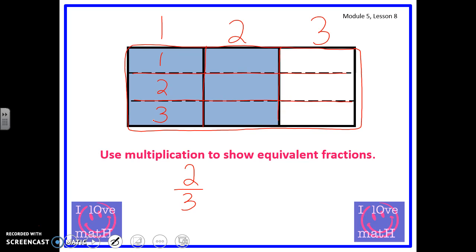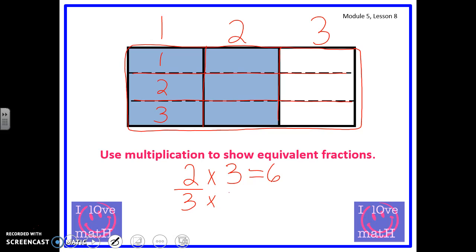Well, we need to multiply by what number? Well, if we made it into three separate, smaller groups, we can multiply by 3, which equals 6. And again, in Lesson 7, we said whatever you do to the bottom, you must do to the top, or vice versa. So whatever you do to the top, you must do to the bottom.